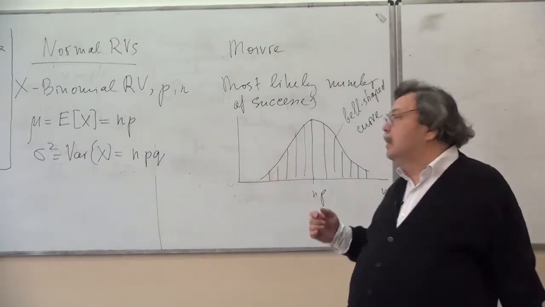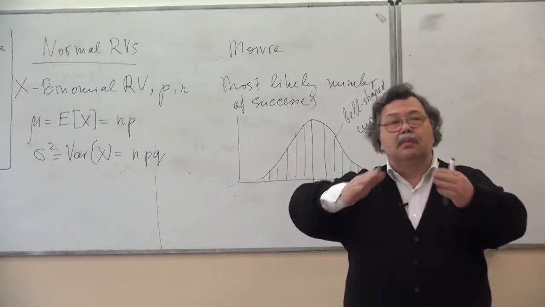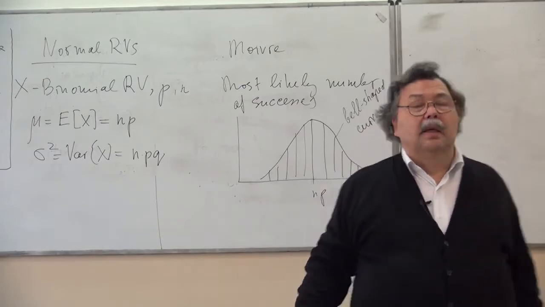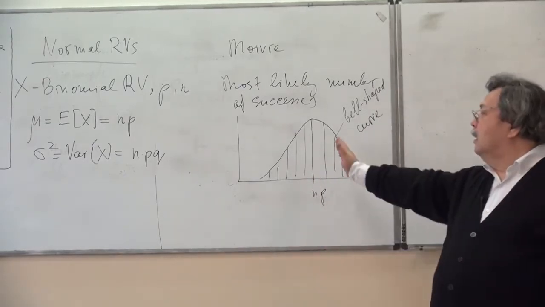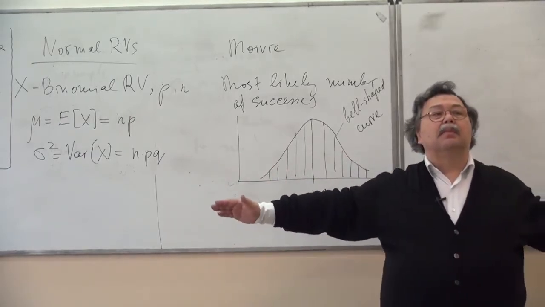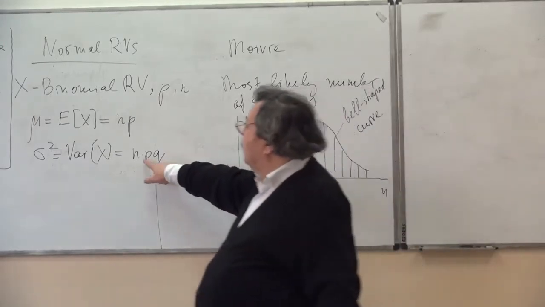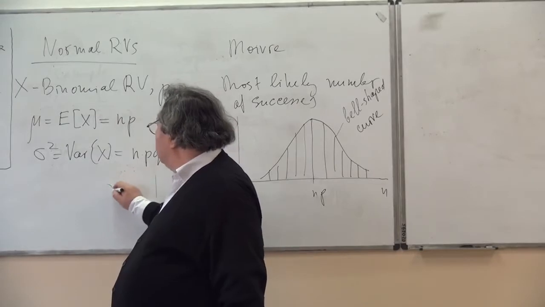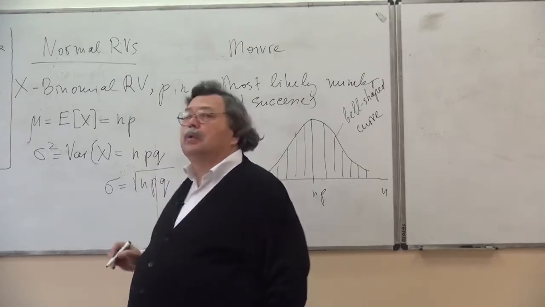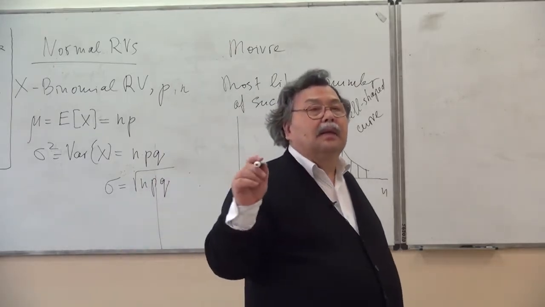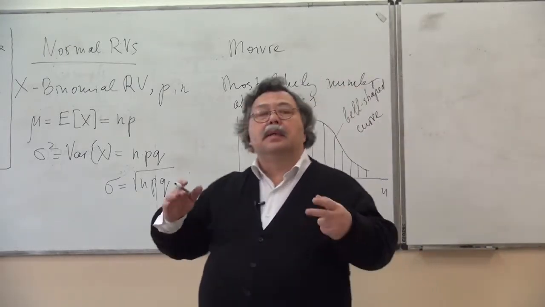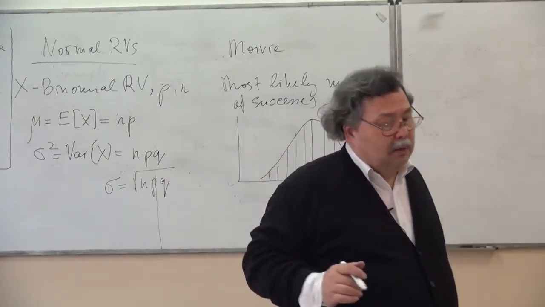And another thing is that as n increases, the distribution becomes more spread out. Variance increases as n increases. So this bell-shaped curve moves to the right proportional to n, and it spreads out proportional to sigma, the square root of the variance n times p times q. We talked last time about sigma being the right measure of spread in practical terms, not variance. So the spread increases proportional to the square root of n.